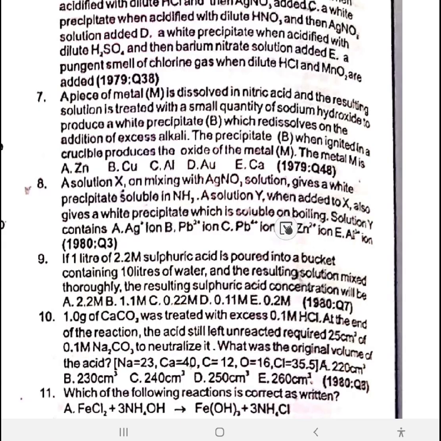So see, they say a solution X on mixing with silver nitrate, that's chloride. When you mix chloride with silver nitrate solution, it gives you a white precipitate that is soluble in ammonia. Chlorides are soluble in ammonia, don't forget.